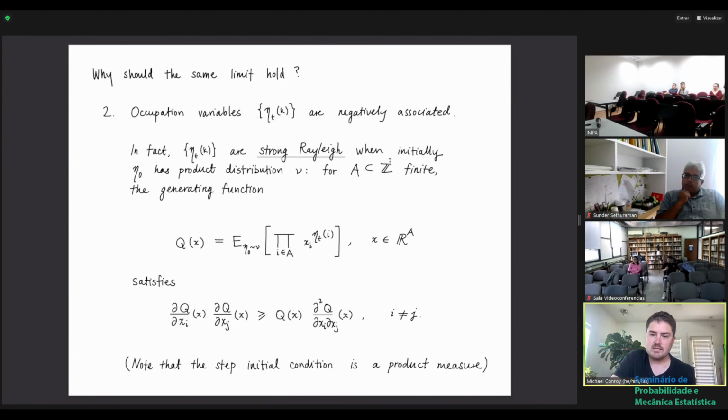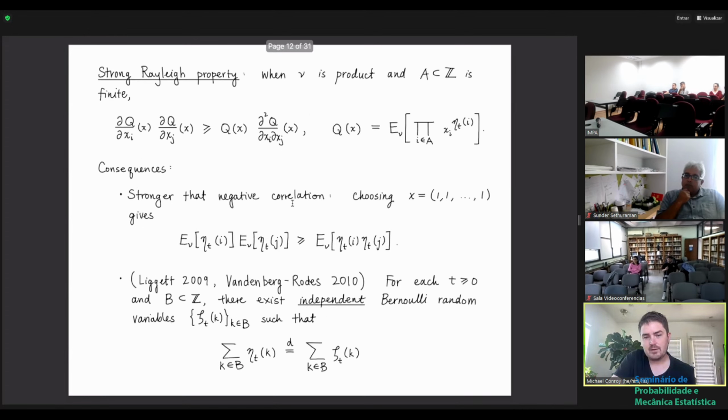And why this is stronger than negative correlation: here's the definition repeated again. If we plug in ones for all these x_i's into this inequality, we just get a negative correlation inequality.